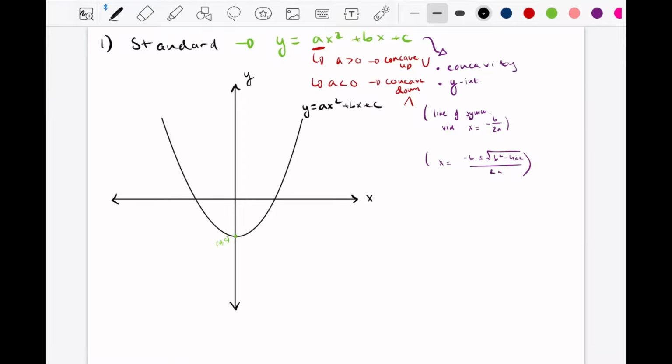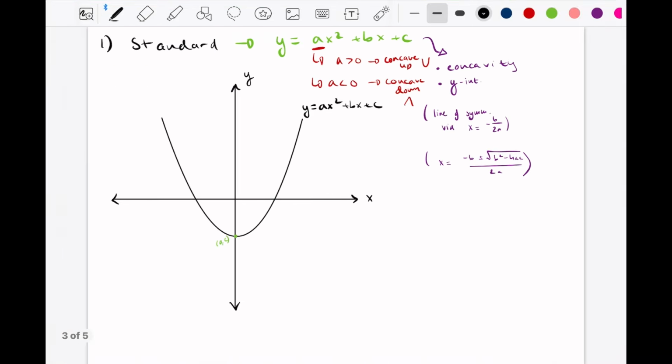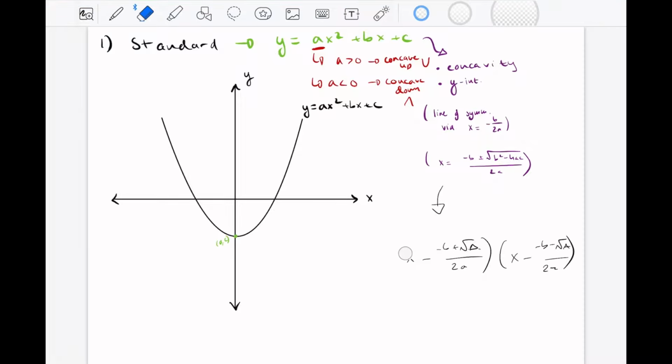But what I recommend, if you do not have the intuition for it, is to find the roots using this equation, and then write this as a times (x minus (negative b plus the square root of delta) over 2a) times (x minus (negative b minus the square root of delta) over 2a). Sorry, this can be a delta right here as well. This is how you can convert from standard into intercept form.